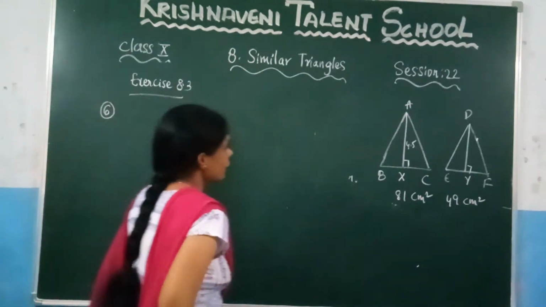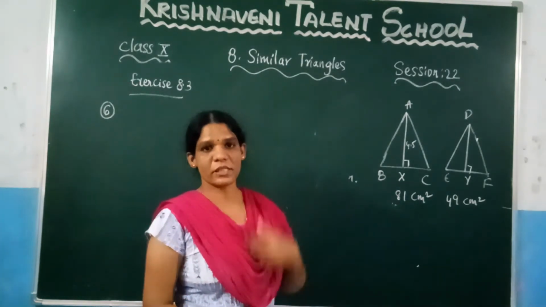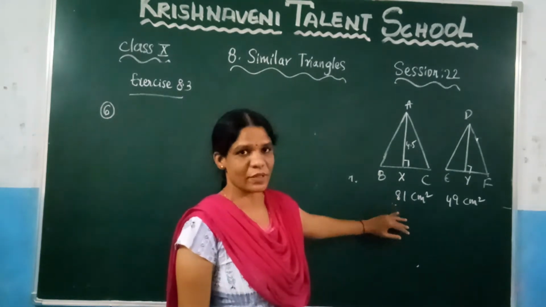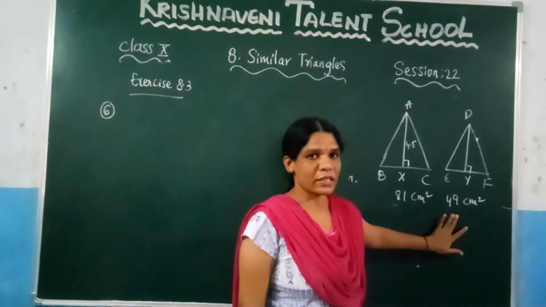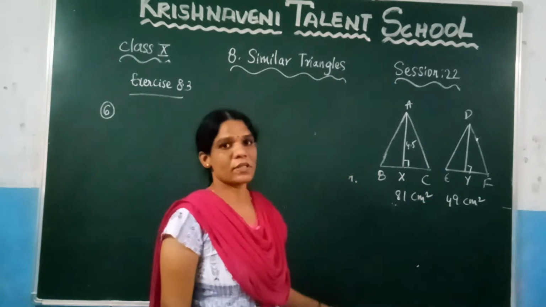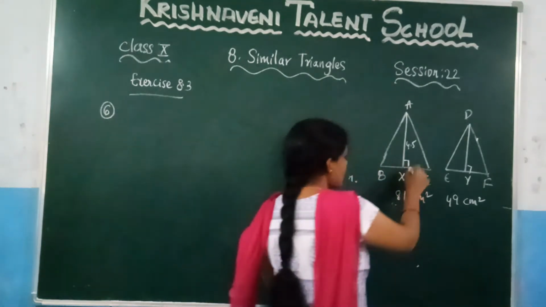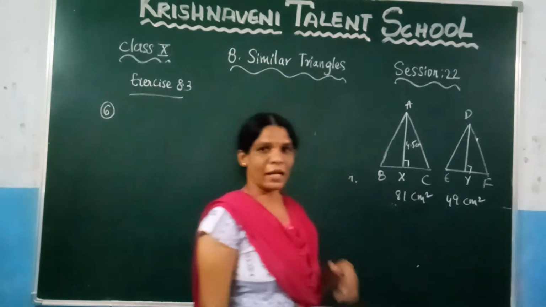So this is the data they have given. What is the question? The areas of the two similar triangles: the bigger is 81 cm square, the smaller is 49 cm square, and the altitude of the bigger triangle is 4.5 cm, and you need to find the altitude of the smaller triangle.